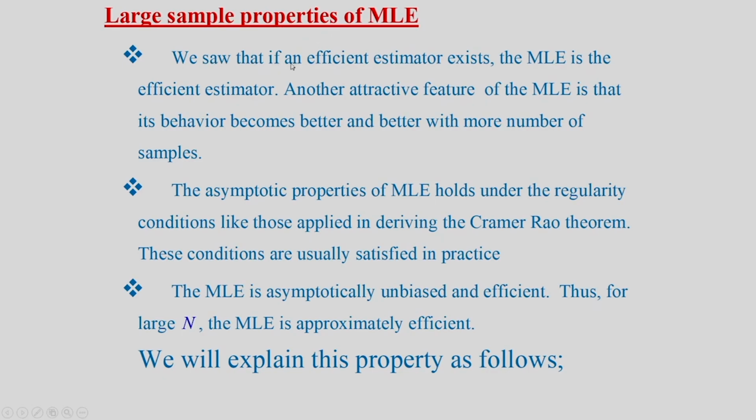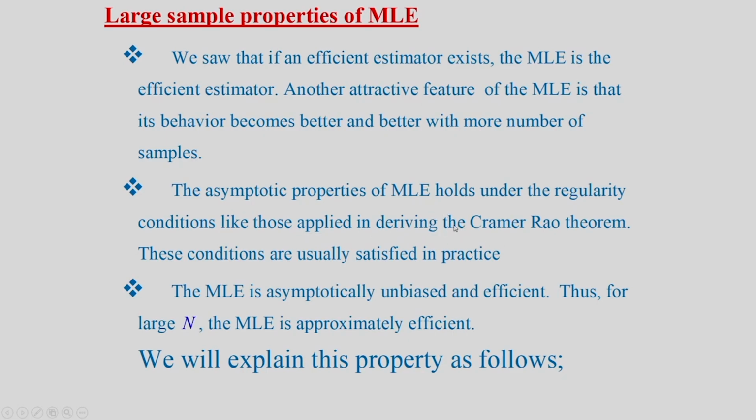We saw that if an efficient estimator exists, the MLE is the efficient estimator. Another attractive feature of MLE is that its behavior becomes better and better with more number of samples. So, that we will establish now. The asymptotic properties of MLE hold under the regularity conditions like those applied in deriving the Cramer-Rao theorem.